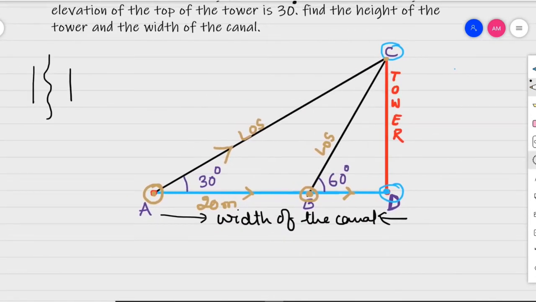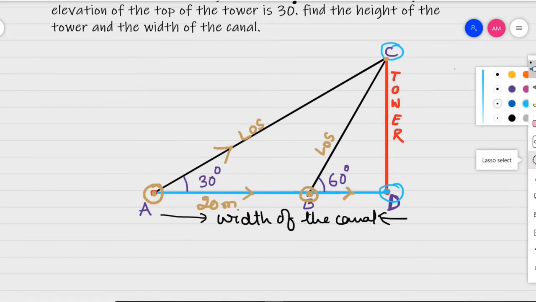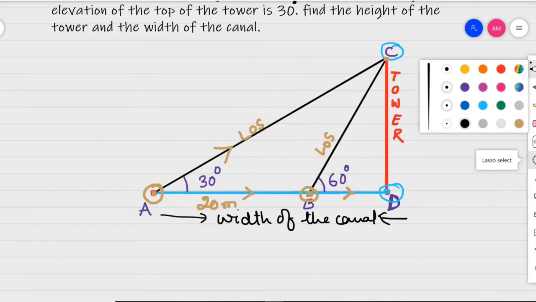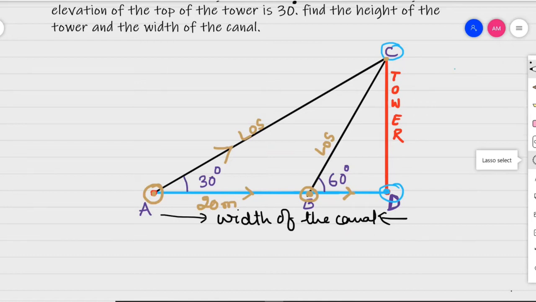Now see, first of all let us clear this part. Children, let us start this now. See, CD is the tower. This 60 degree, and then you need to find BD.